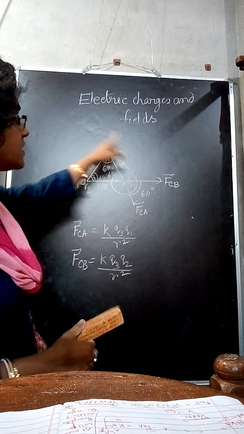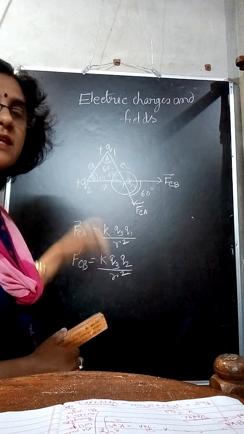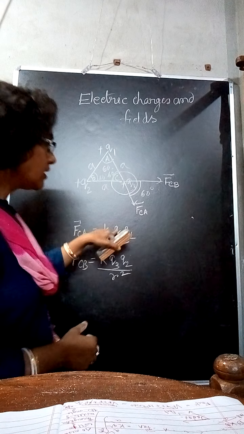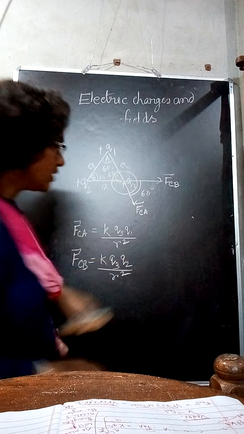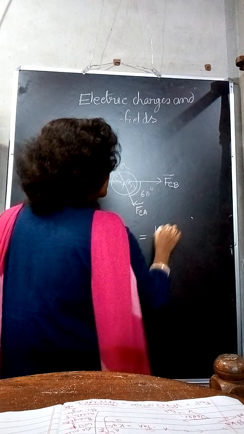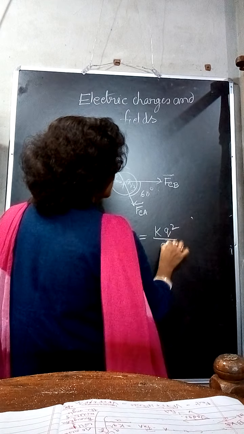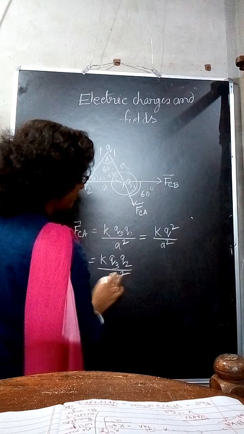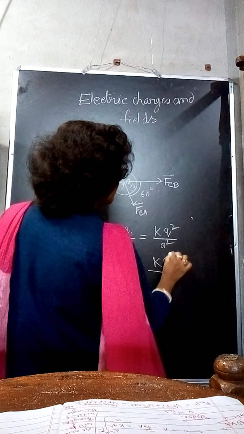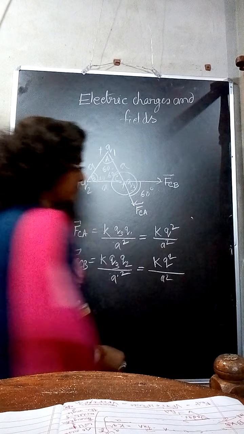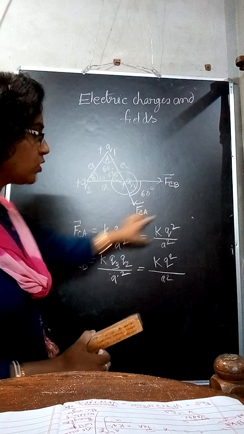Now, if the point charged bodies are equal, that is their charges are equal, then Q3 Q1 will be Q, Q3 Q2 will also be Q. So the expression will be K Q square by a square, as the distance is a.